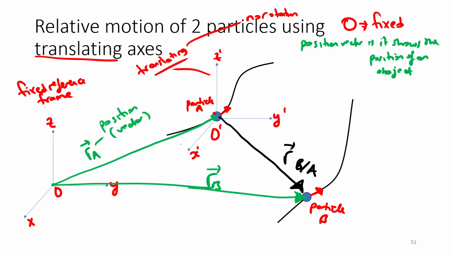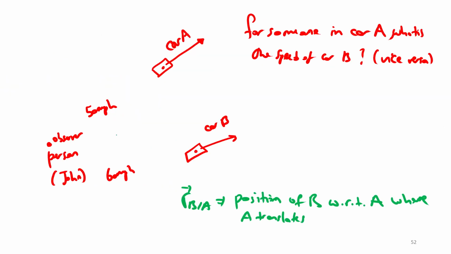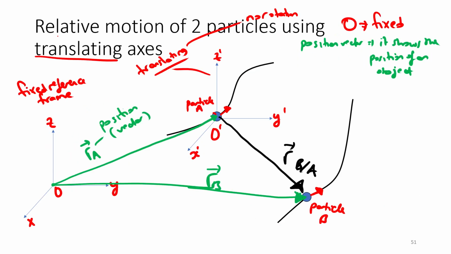And then simple vector algebra says that this vector added to that vector is RB. So let me add a small slide here. The vector algebra says that, let me show it here. It was RA, and that was RB, and this one was RBA.